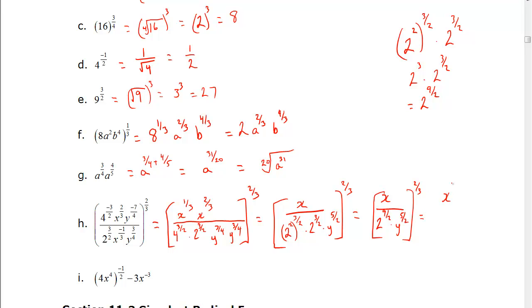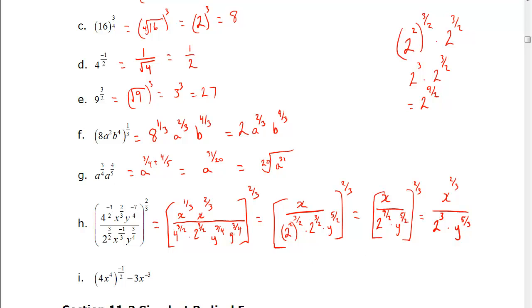So 1 times 2 over 3 is 2 over 3. 2 over 3 times 9 over 2 is actually just 3. So if you reduce that, you get 3. And 5 over 2 times 2 over 3, that gives us y to the 5 over 3. So we can leave this as our final answer, or we can simplify 2 to the 3 as 8. Either way, that's the simplified form there.